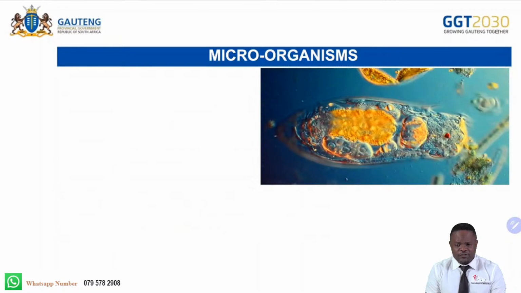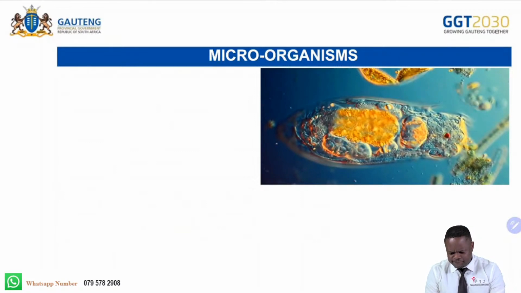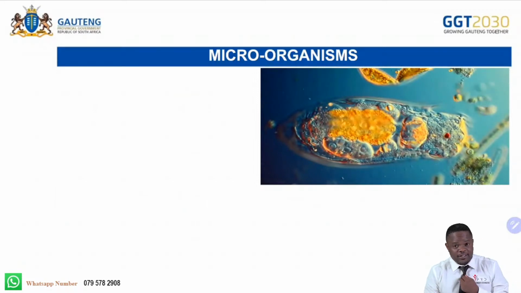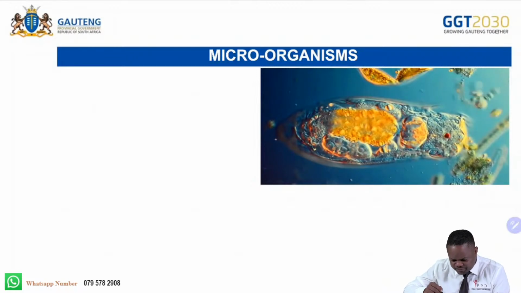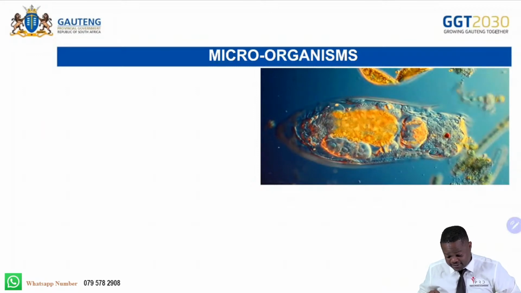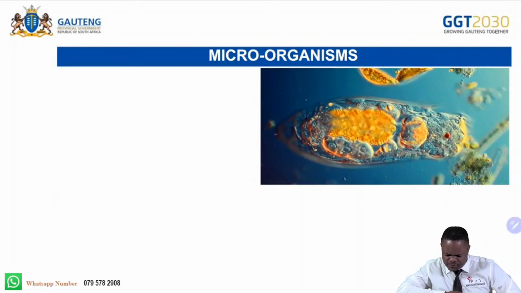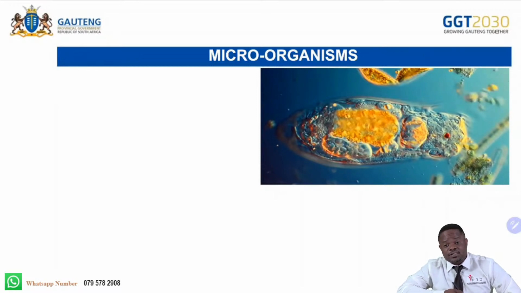Right. Now, if you look at that image now, we have an image of a typical microorganism. Remember we said we cannot see them by the naked eye, but when we magnify, we can see typical microorganisms. Quite an interesting image that we have there, right? We'll not talk much about that microorganism, but we need to appreciate something about these microorganisms.